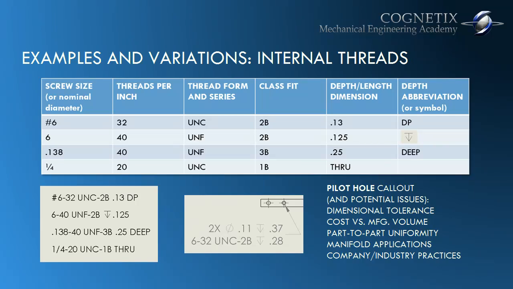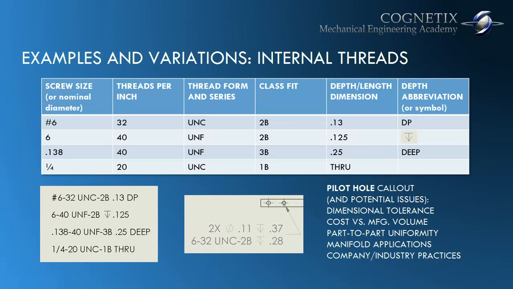That is not how it is to be interpreted. Because remember, this is the basic major diameter according to the unified standard. So 0.138 simply refers to a number 6 screw without tolerance associated that is related to the tolerance in the title block. So my recommendation would be to use the actual screw numbers.